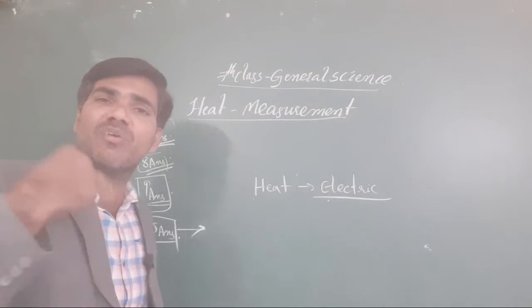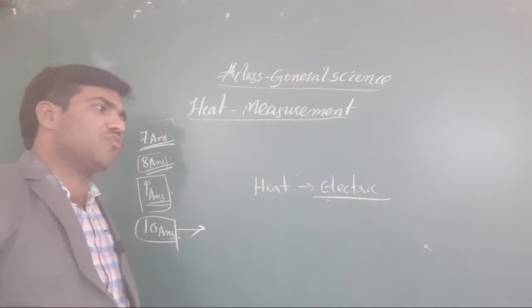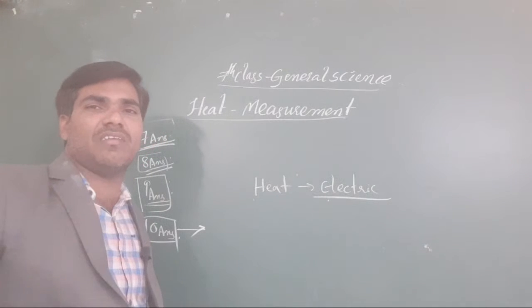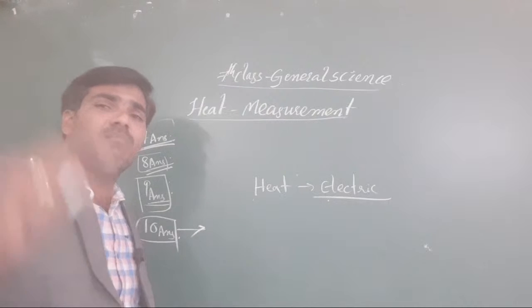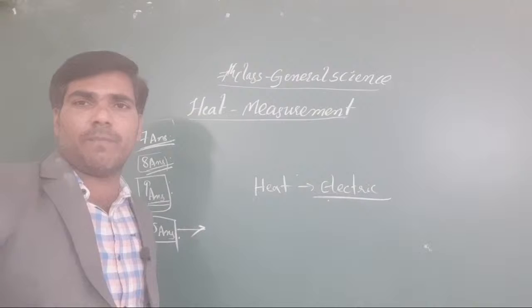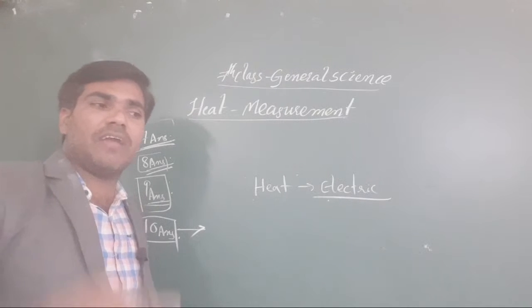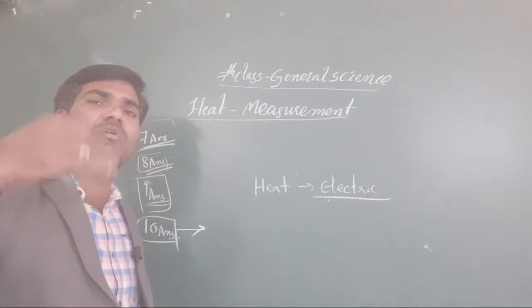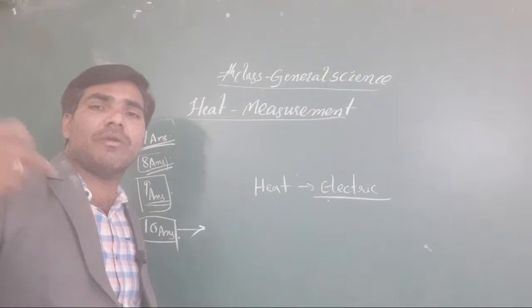The expansion of a liquid is nothing but what? Expansion means the length changes. Length change is nothing but mechanically the particles moving from one place to another. So the expansion of the liquid is one such type of mechanical energy. It is coming because of what?